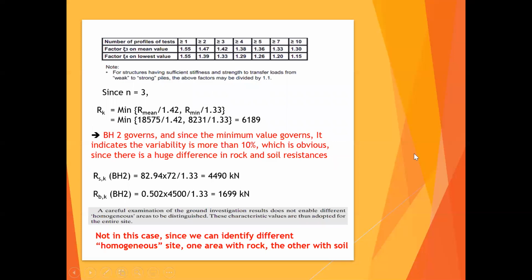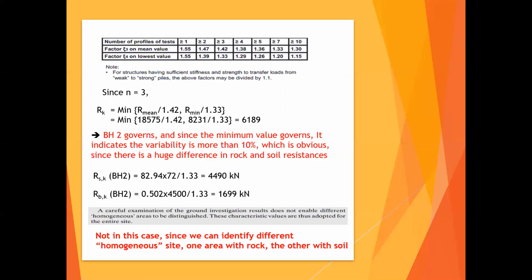Now you apply the correlation factor. You notice that in this case it looks very simple: the minimum value will govern. If the minimum value governs, it already tells you the site variance is more than 10%, which is quite obvious, right? You don't need to calculate.